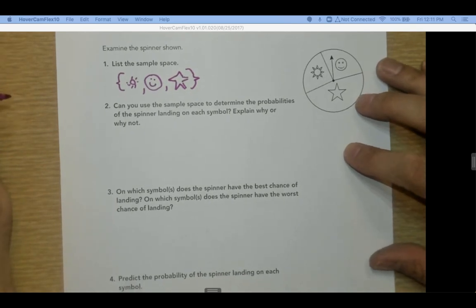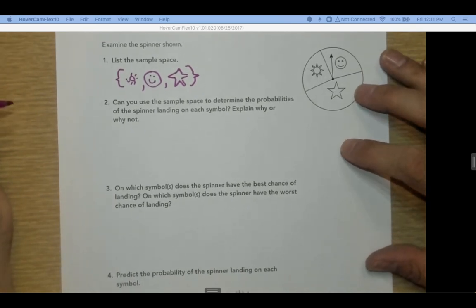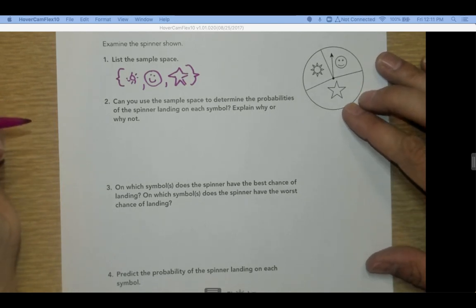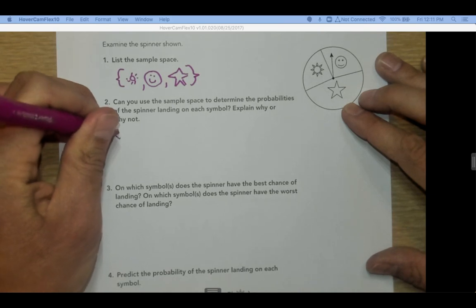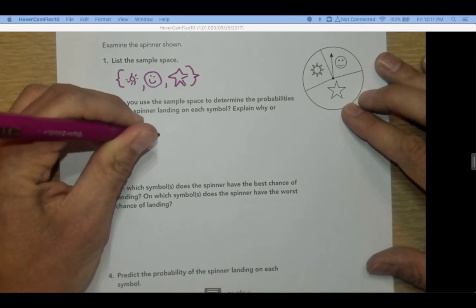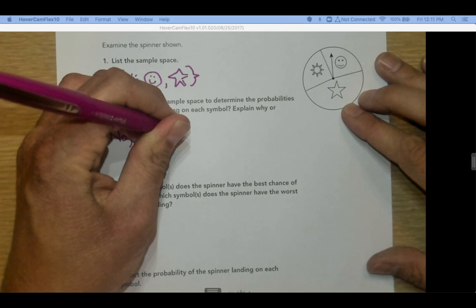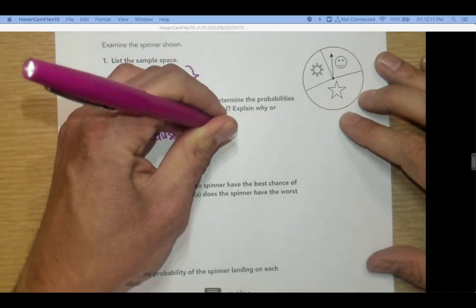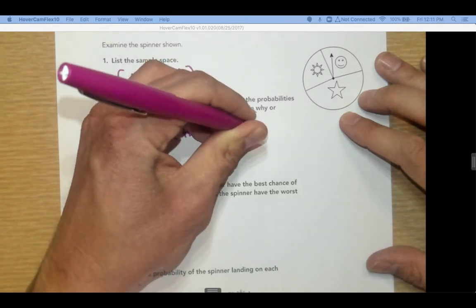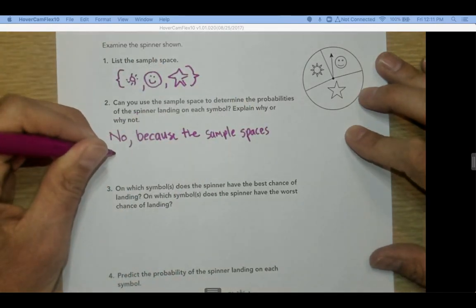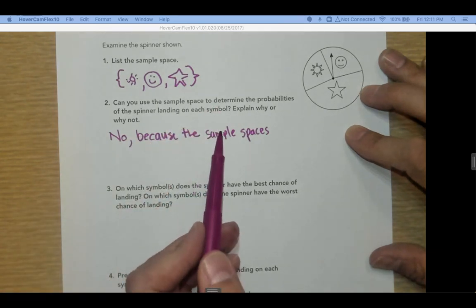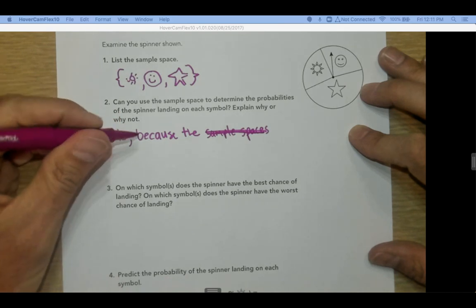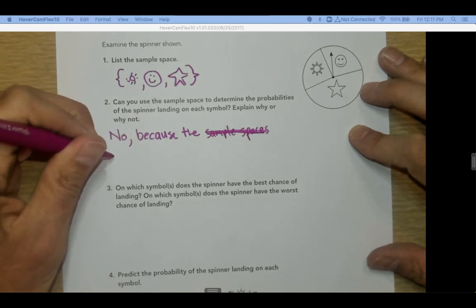Can you use the sample space to determine the probabilities of the spinner landing on each symbol? Explain why or why not. No, because the options aren't the same.